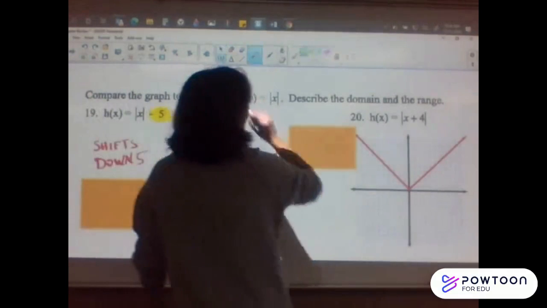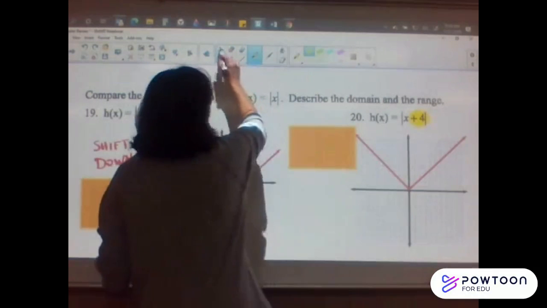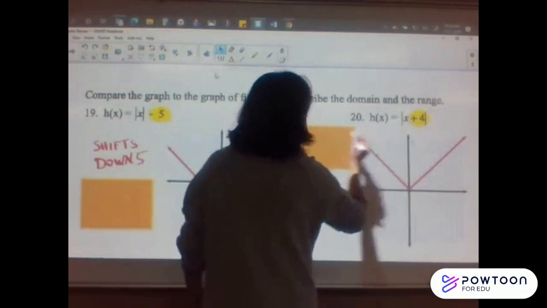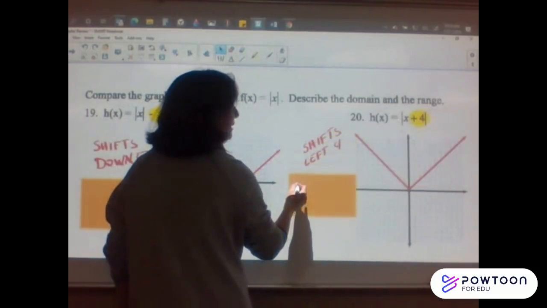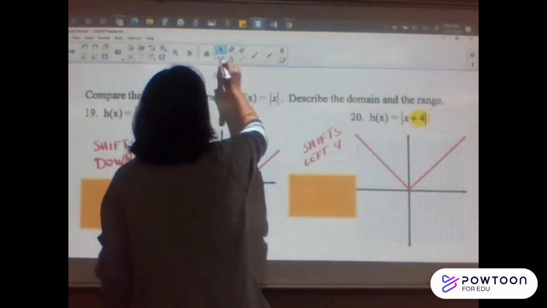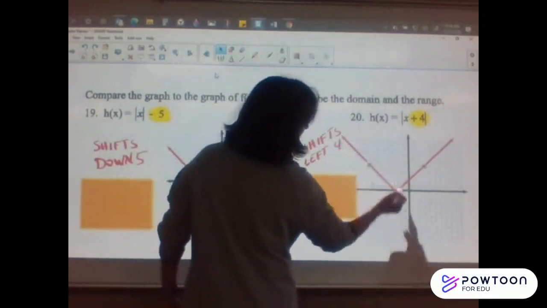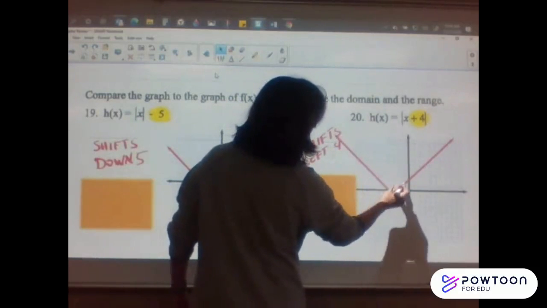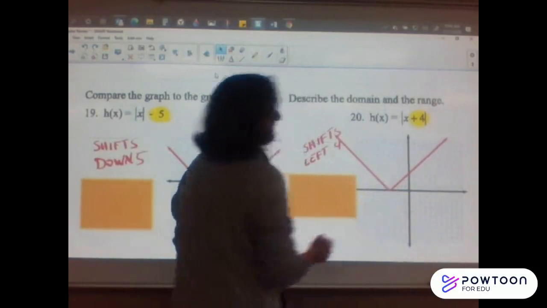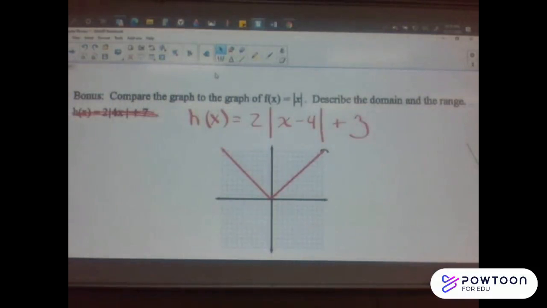Now when I have the value inside of the absolute value marks, remember that's when the inside equals 0. So in this case, that would be at -4. So that is going to shift this graph to the left 4 places. There we go.